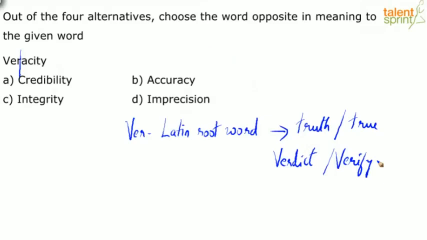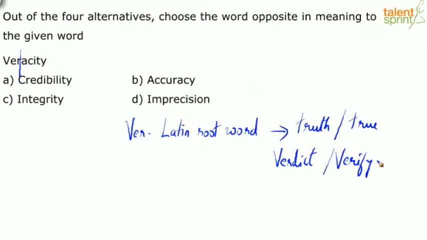So looking at my options, credibility, option A. When will you be credible? Or how will people consider you credible? Because you're believable. You can be trusted. And that can happen only when you are true to yourself and others, right? How will you build on credibility when you're true to yourself and others? True. Accuracy. Something correct, right, true. Integrity.